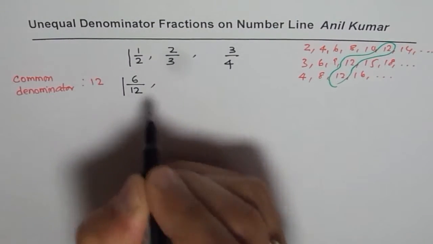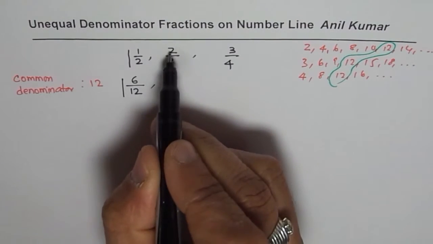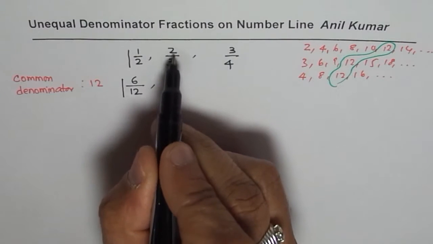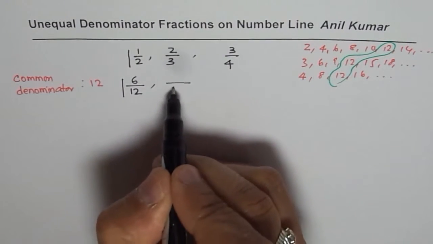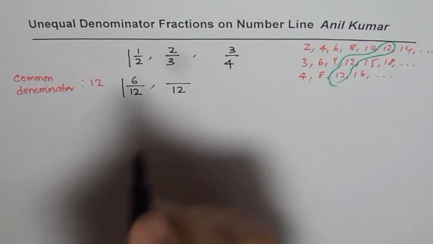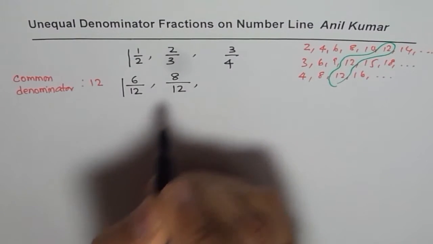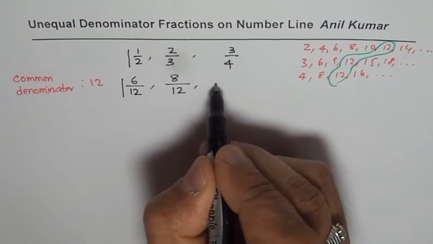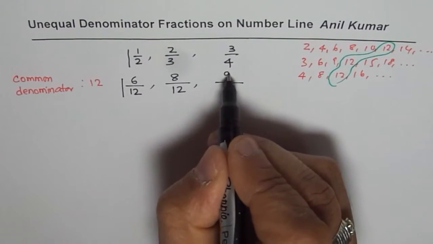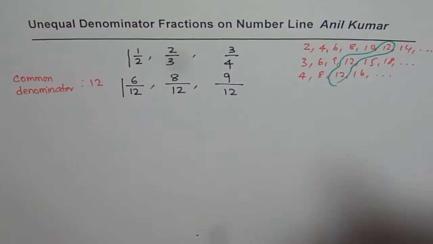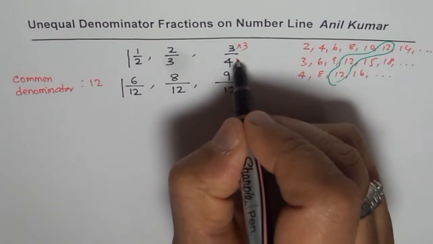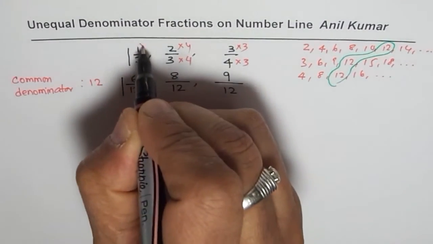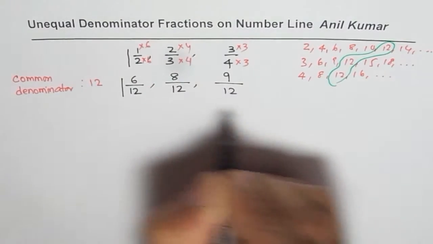The other fraction, 2 over 3, we write by multiplying by 4 to get 12. 4 times 2 is 8, so we get 8 over 12. In this case, we have to multiply by 3, both numerator and denominator. So we multiplied these by 3, these by 4, and this by 6 to get 12.